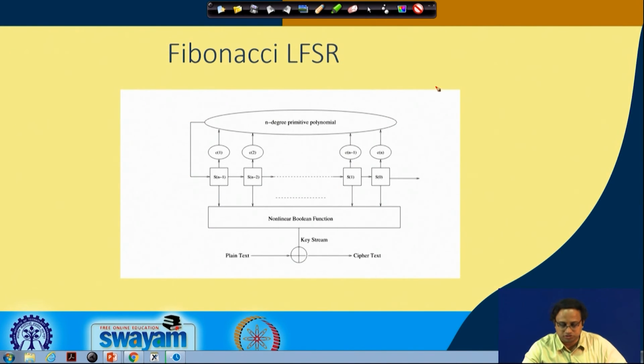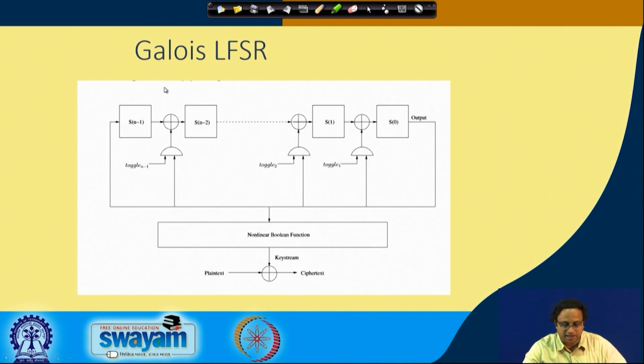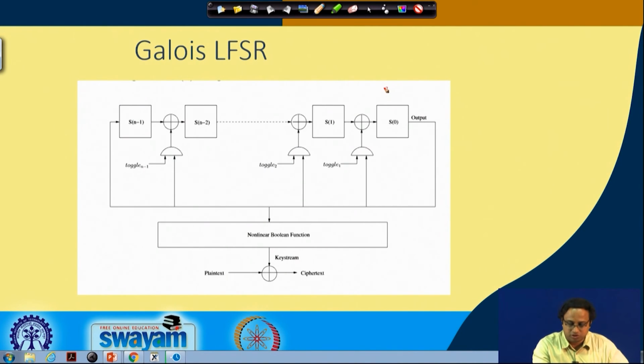And this is opposed to what is called the Galois LFSR. In the Galois LFSR you do this. You again have n states, from S0 to Sn minus 1, but now the feedback is done in a slightly different way. The feedback is put across every stage. For example, this is one stage, this is another stage, and so on.